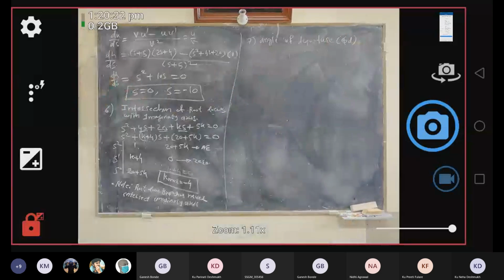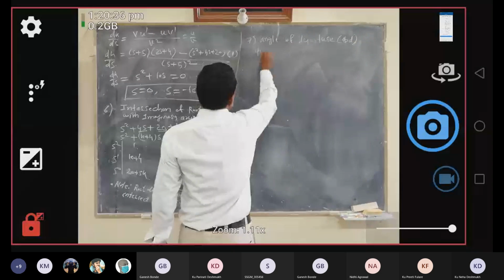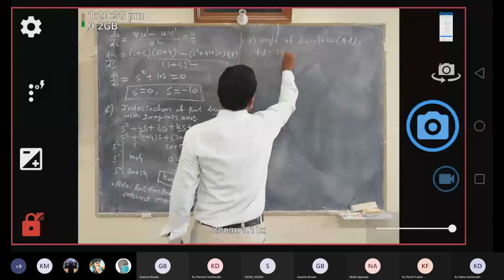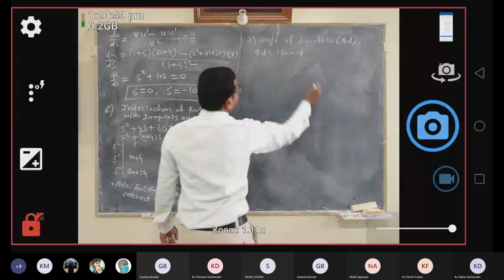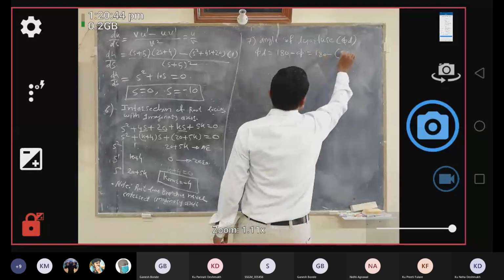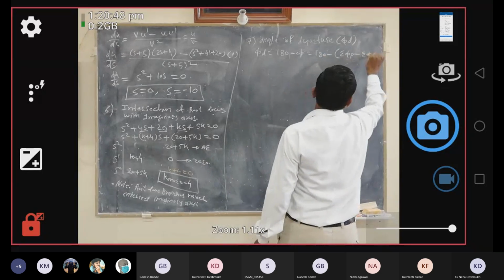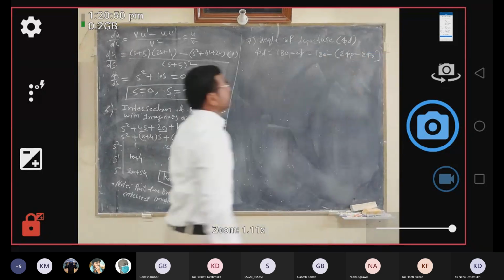Okay, so write down the formula. Phi d is 180 minus phi, or 180 minus summation of phi p minus summation of phi z.